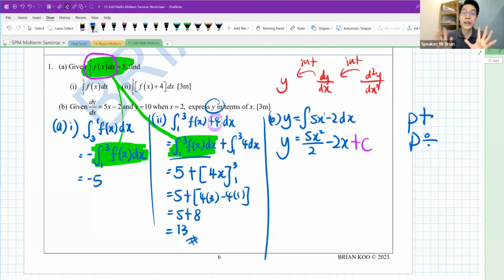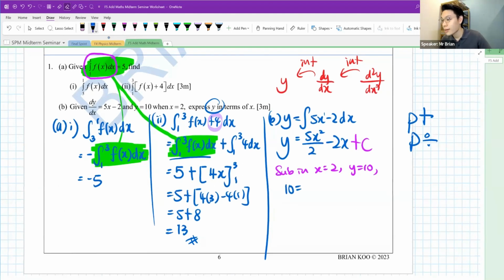I'm assuming that everyone knows why we need to plus a c. I don't have time to explain right now. But any time you integrate and you have no limits to sub in, no numbers to sub in, we must always put a plus c. Then we also need to find the c, where you sub in x equals 2 and y equals 10.